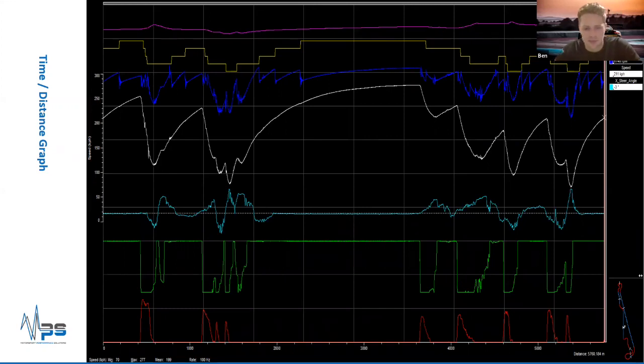The reason I say give or take, and just to be slightly careful, is this distance is calculated based on your vehicle speed. So it's quite easy for a driver to drive around the same circuit but take a different line, and before you know it, a few different lines or a lock up somewhere and you run off the circuit, you've covered a different distance than you would have on a previous cleaner lap.